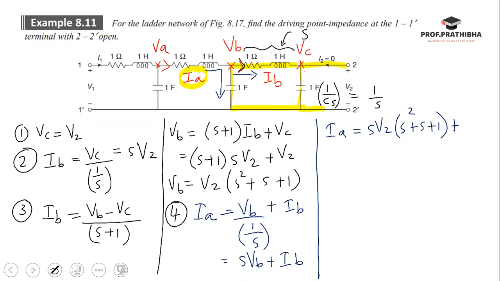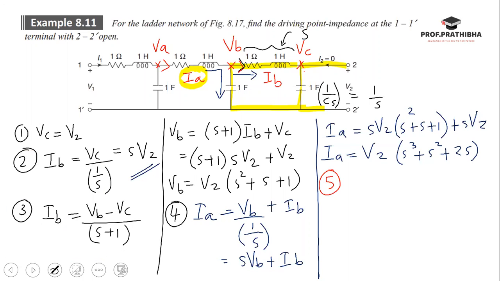IB is nothing but, where did my IB go, here in the second step, S times of V2. So again I will take my V2 common, and if you solve this, you will get something like S cube plus S² plus 2S. Now point number 5.